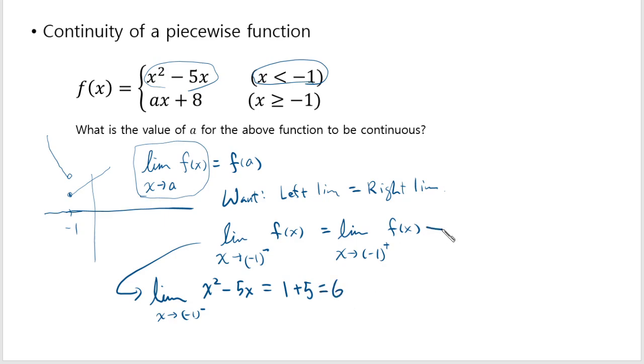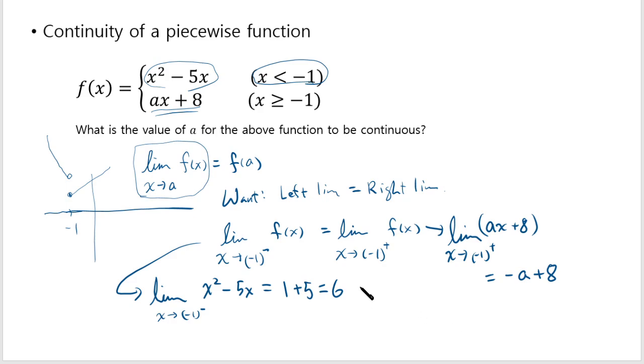On the other hand, this one here, since x is bigger than -1, we're using this definition, so we should send x to -1 plus, and then ax plus 8 is the definition we're using, and then you plug in -1, you get -a plus 8.